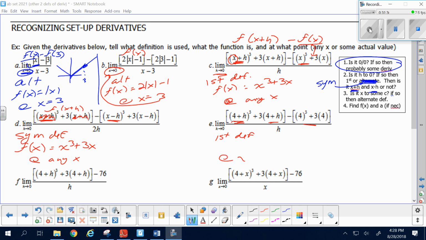It's at x equal, and what seems to be putting in instead of a plus h, they have a 4. So it feels like the derivative at x equal 4. That would mean that if it's f of a plus h minus f at a, the function seems to be something cubed plus 3 times the something you put in. So I feel like the function is x cubed plus 3x.